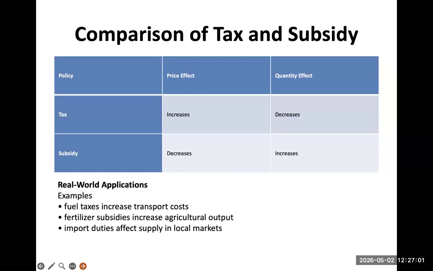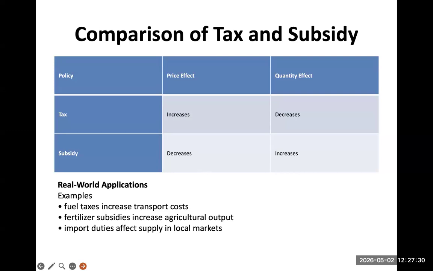Another example is fertilizer subsidies. Fertilizer subsidies increase agricultural output because the cost of production in agriculture has reduced because of the subsidy. Another example is the imposition of duties.